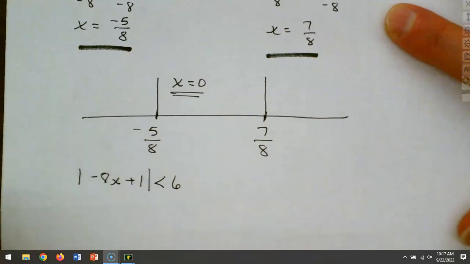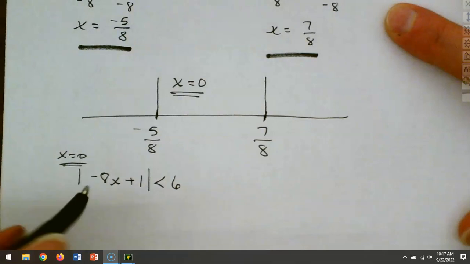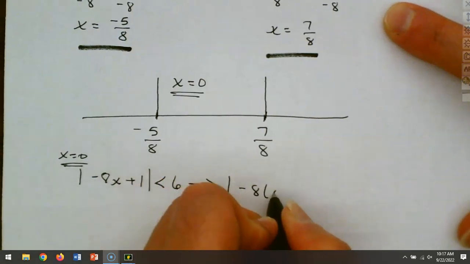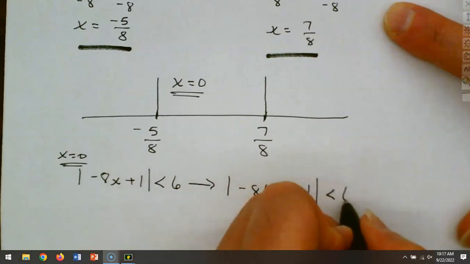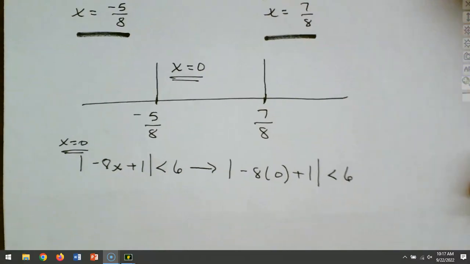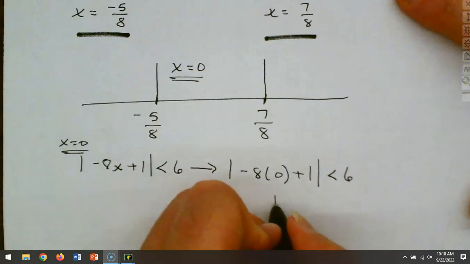I'm going to plug in x equals 0. So we're going to use that x equals 0. We're going to plug it in, and we're going to see if it's true or if it's false. And negative 8 times 0 is still 0. Add 1 to that, it's 1. Absolute value of 1 is 1.